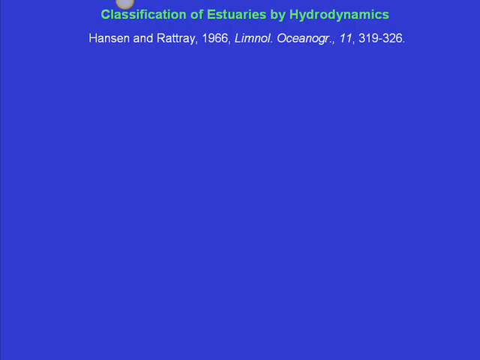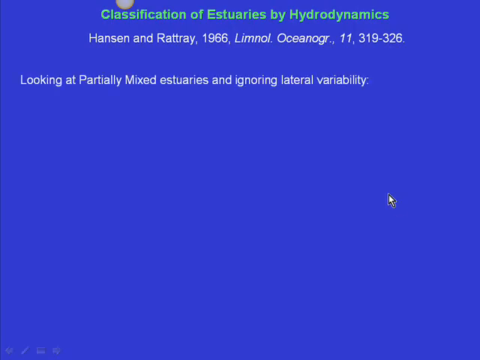And we talk about it now because it requires a little understanding of the physics of these systems to be able to get a grasp of what this really means. And it has a lot of insight, this approach, as I hope you'll realize. So what they did, this is the Hansen and Rattray classification of estuaries.